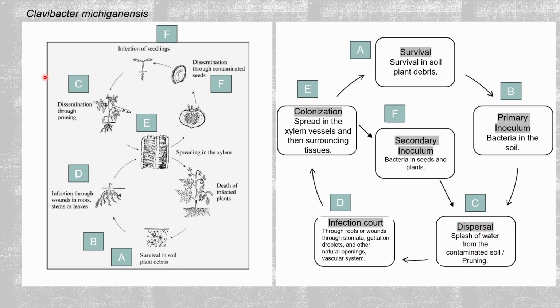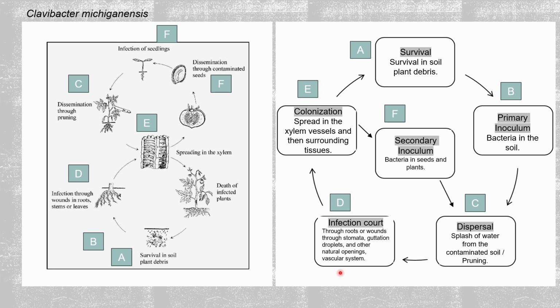I had to look around, because here it also mentions dissemination through pruning, but it's a little bit confusing because we were talking about bacteria in the soil and now they mention dissemination through pruning. But I got the information and I wrote it here. This information about a splash of water from contaminated soil I got from an article because I couldn't find it here.